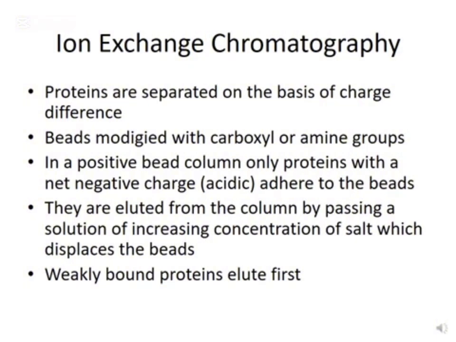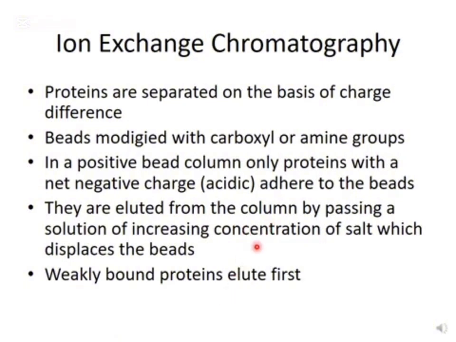After the positively charged proteins go through the column very quickly, negatively charged proteins are eluted by passing a solution that has an increasing concentration of salt. That would cause the salt molecules to interact with the beads and replace the negatively charged proteins, which would cause them to elute down the column.